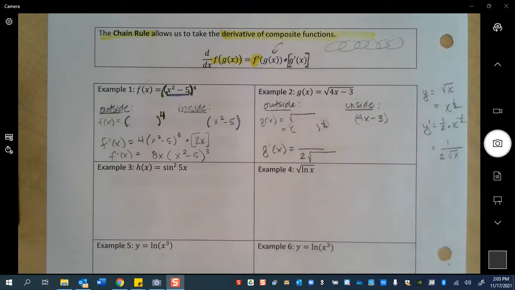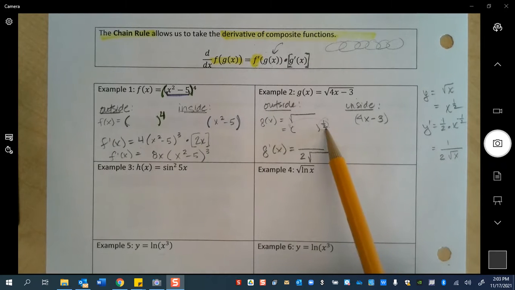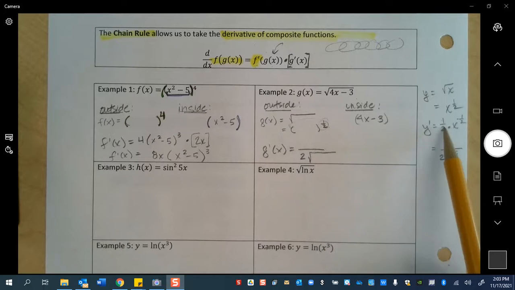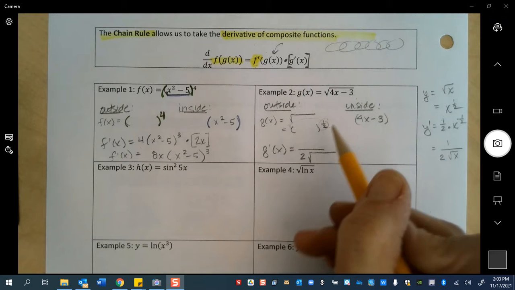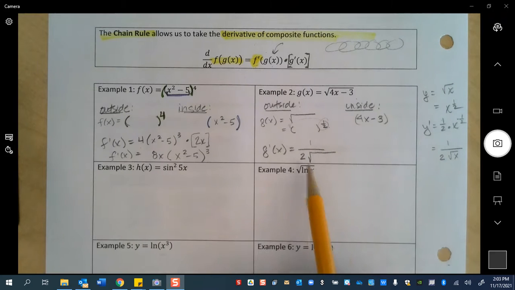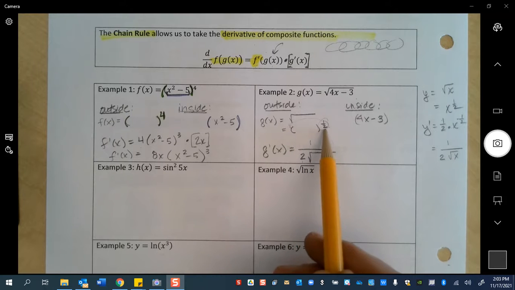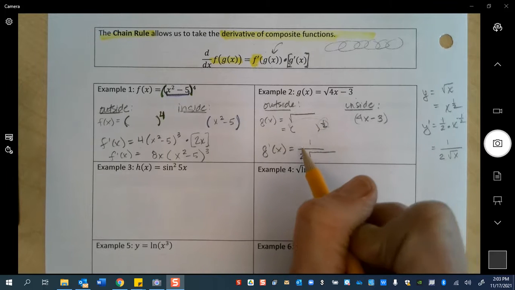So it's okay to start thinking about that, because when we see that all the time, I know that this power is going to come out front as a coefficient, and I know that it's always going to end up with 1 in the numerator and 2 in the denominator. And then I know that whatever's inside of here is now going to be to the 1 less than 1/2 power, or negative 1/2.